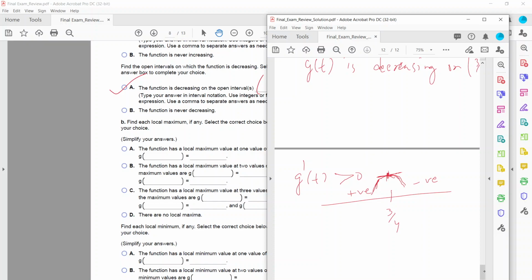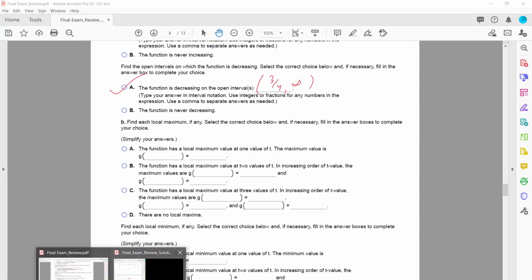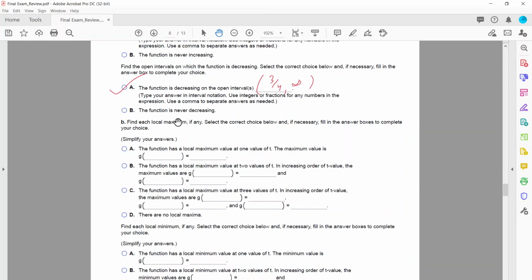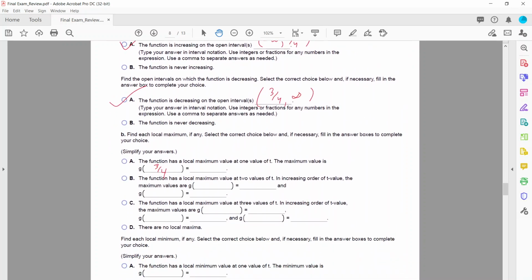So to answer part B, find each local maximum. So there is a local maximum we are going to find. The function has the local maximum value at 3/4, and the value of the local maximum is, if you just plug t equal to 3/4 into this given function and do the calculation, that would be -23/8.